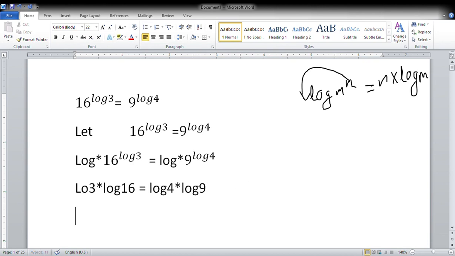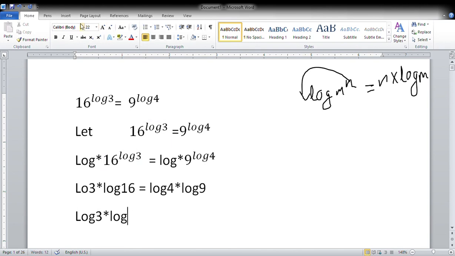Okay, fine. Again come to the side. So we can say log 3 multiplied by log 16.